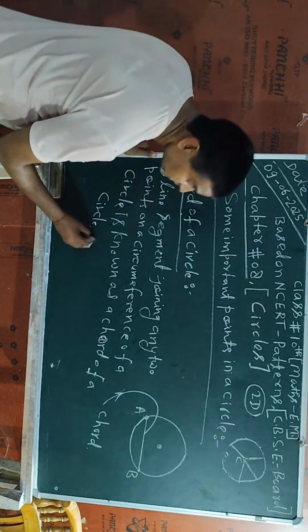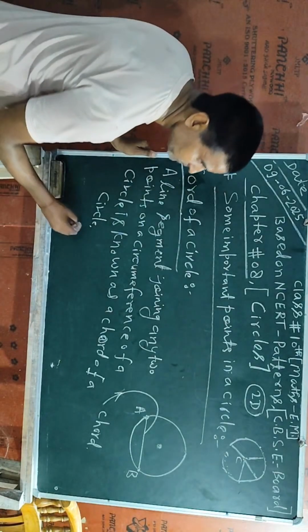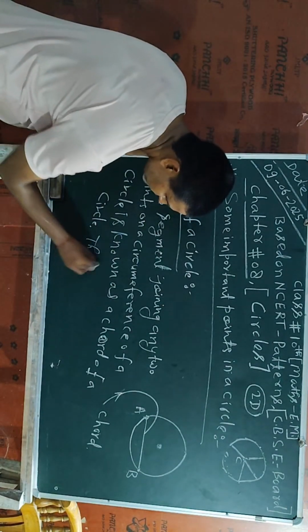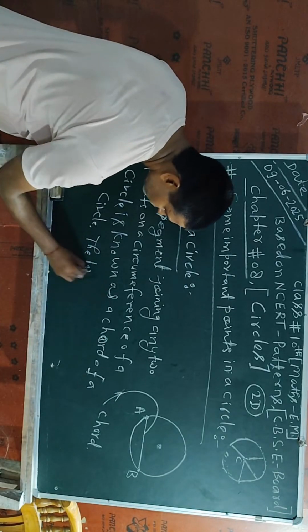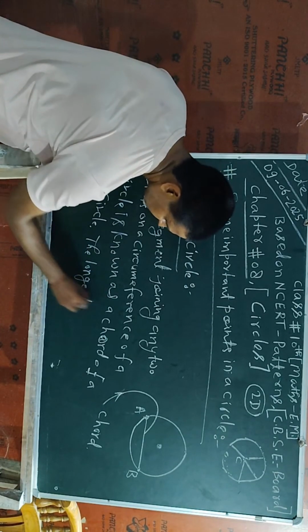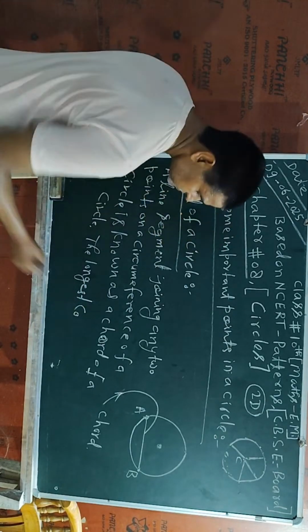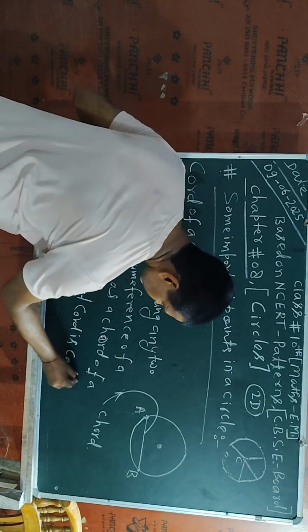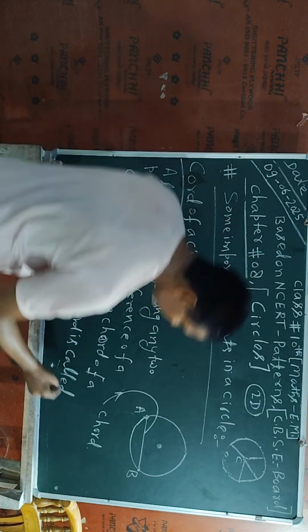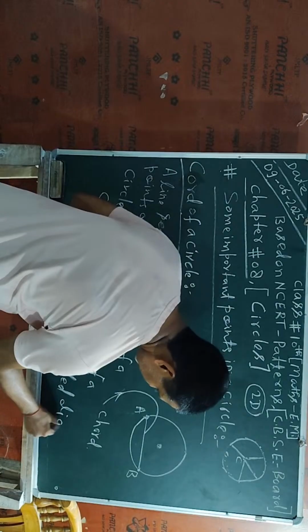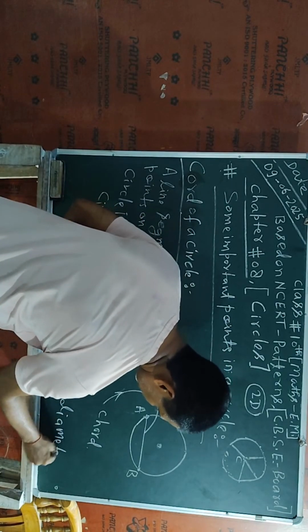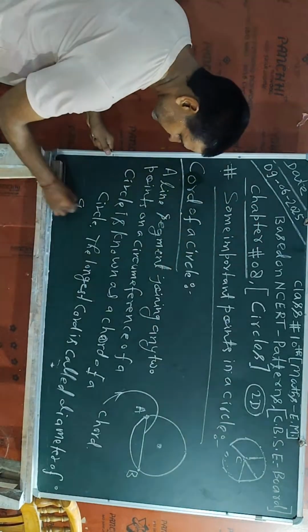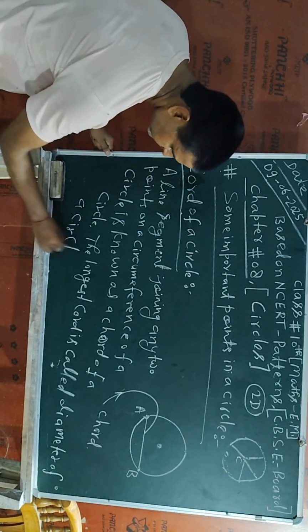The longest chord is called the diameter of a circle.